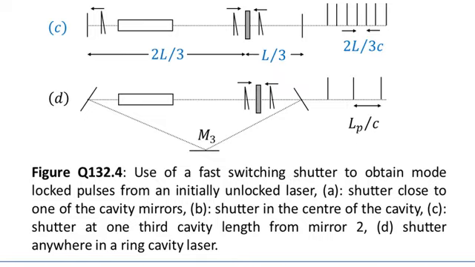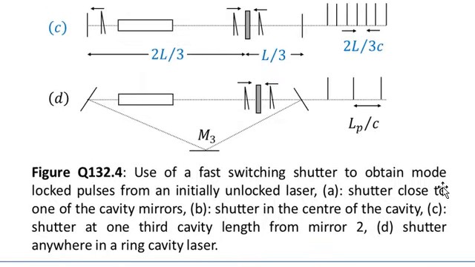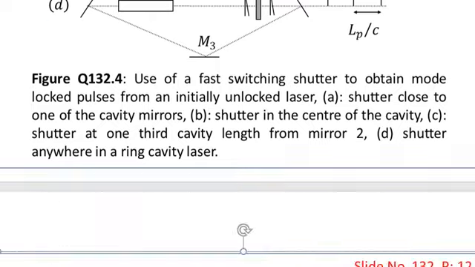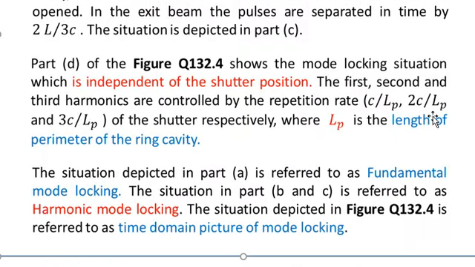And you can have different timings: C over LP, then 2C over LP, then 3C over LP, to have three different harmonics oscillate in the cavity.